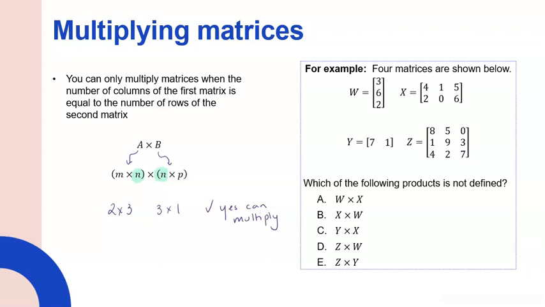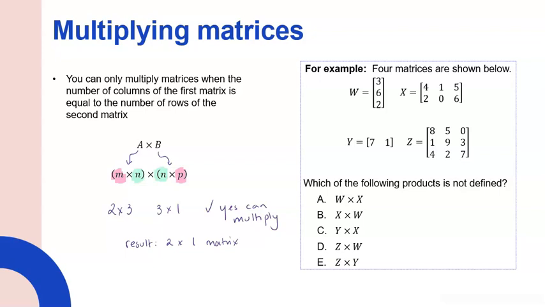Another neat little trick is that the two outside values, so the rows of the first matrix and the columns of the second matrix, tell you the size of the result. So the result would be a 2 by 1 matrix in this case. That can come in really handy when you're looking to work out what type of answer you need further on down the track when we're looking at applications.